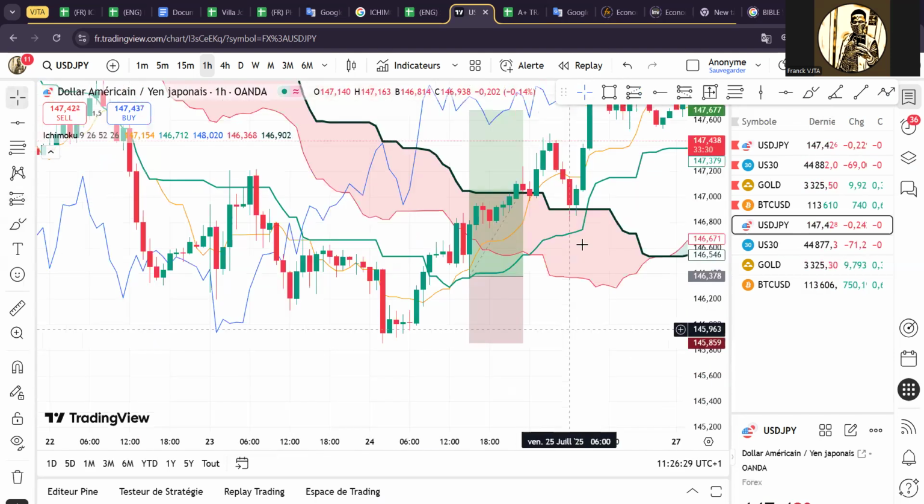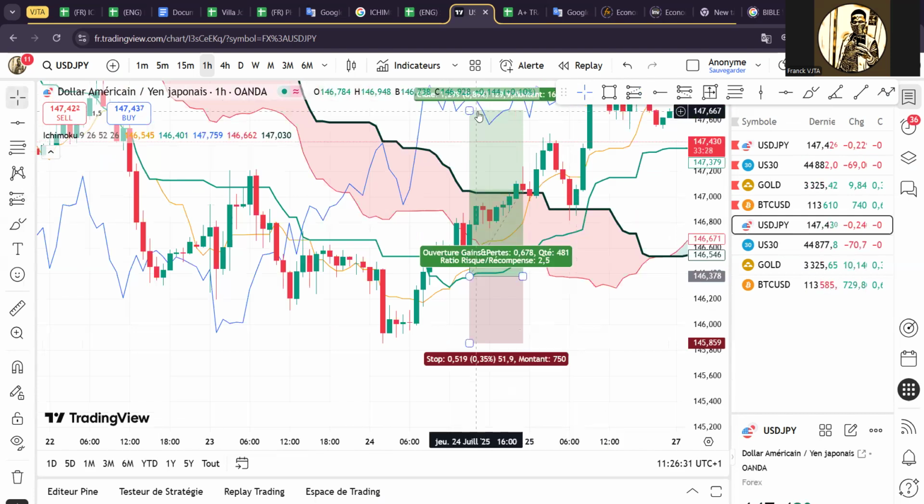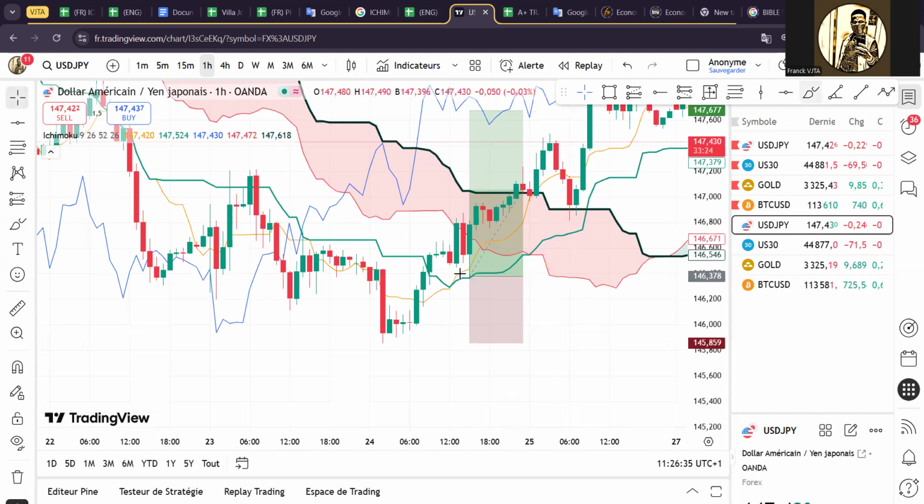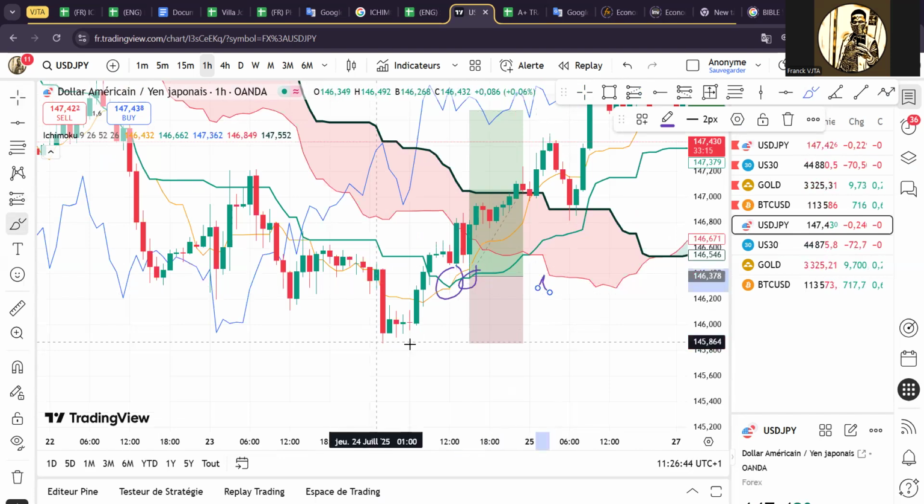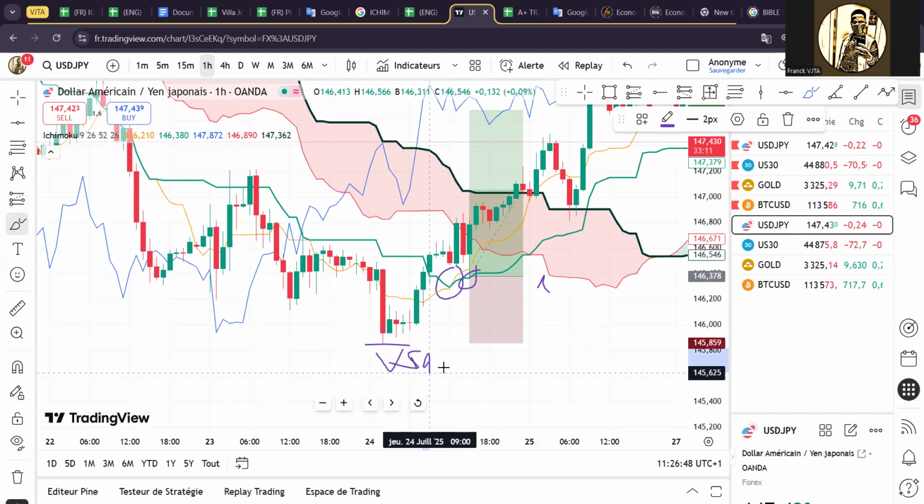I just place a random take profit, because now we focus first of all on the entry, then the V stop, right? The V stop meaning maximum stop loss for this phase.